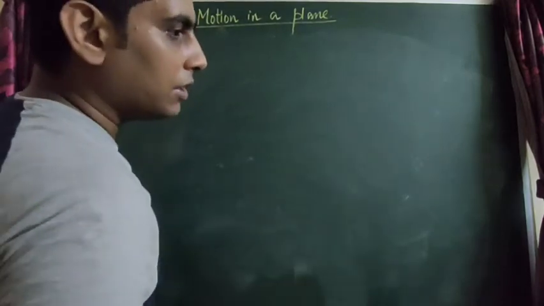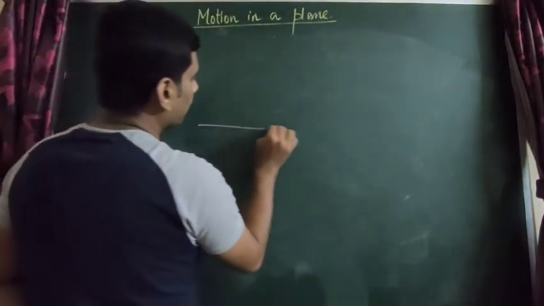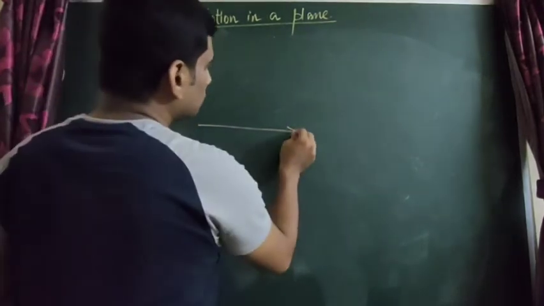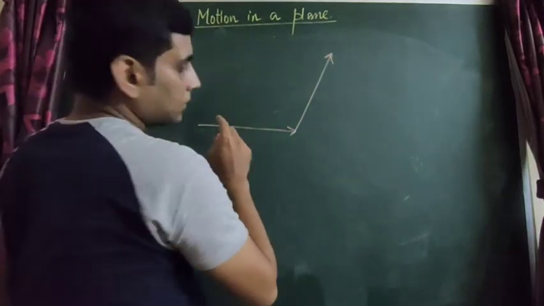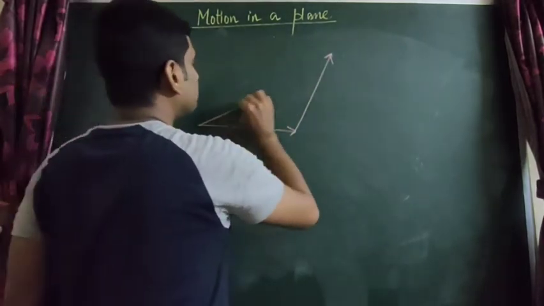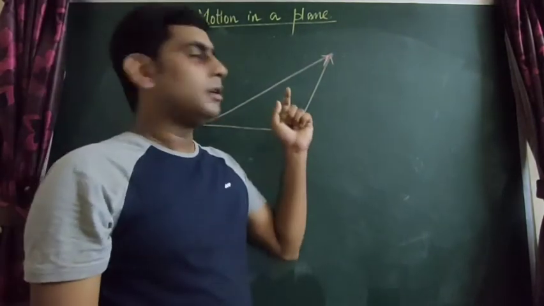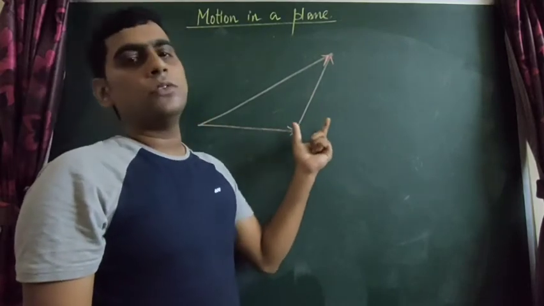The triangular law of addition says that if two vectors represent two adjacent sides of a triangle, then the third arm represents the resultant, or the sum of the two vectors.